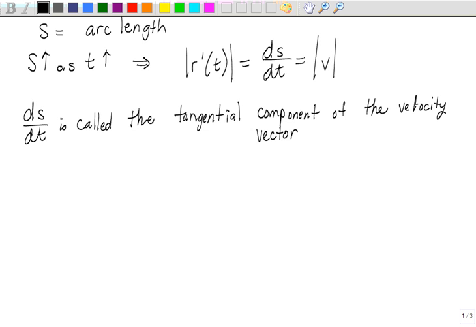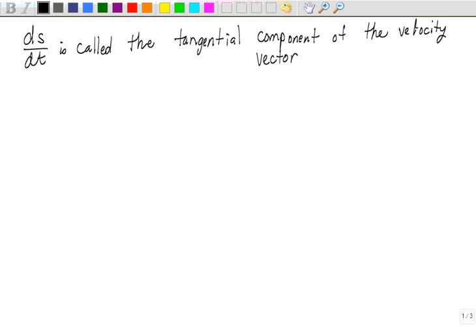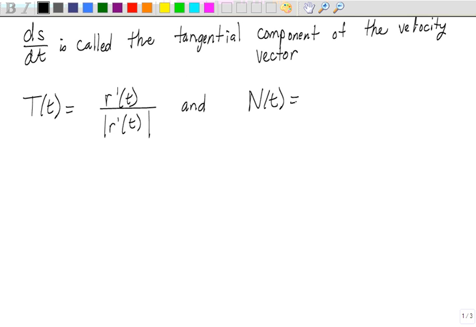All right, well, what we're going to do is come up with an equation. We know capital T is r prime of t over the magnitude of r prime of t because it's the unit tangent vector, and we know the unit normal vector is T prime over the magnitude of T prime.